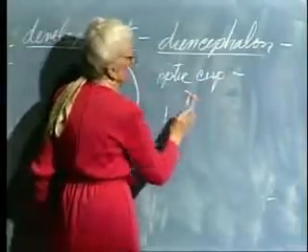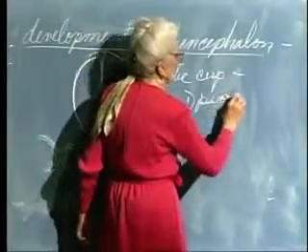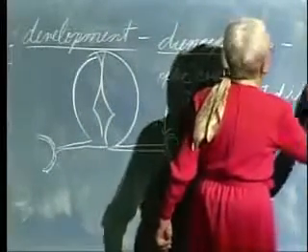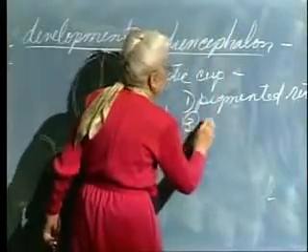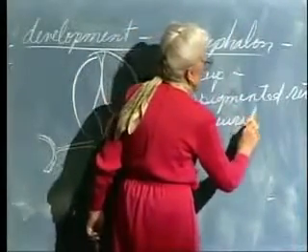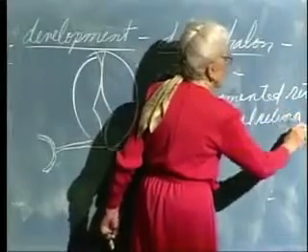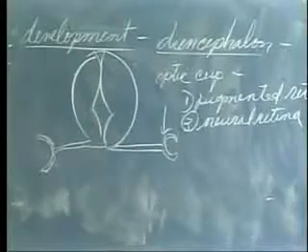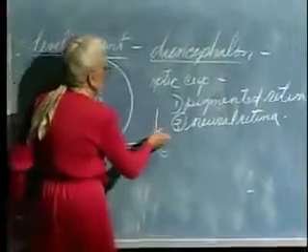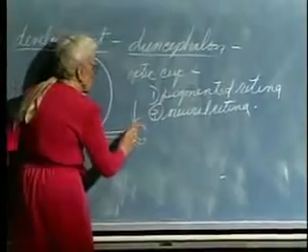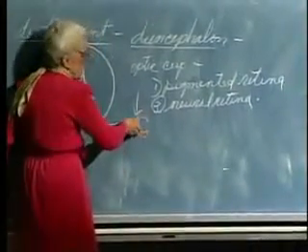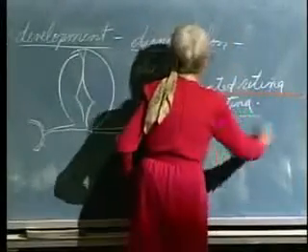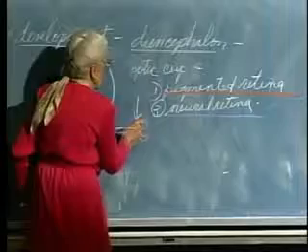We have the pigmented retina, and we have the neural retina. Pigmented is the outer portion. And the neural portion, the inner.